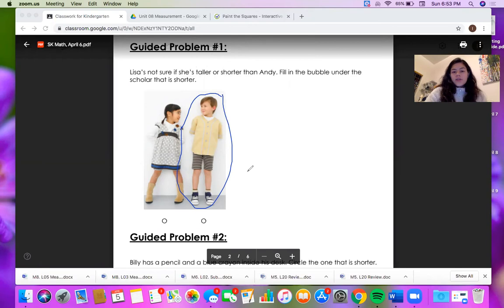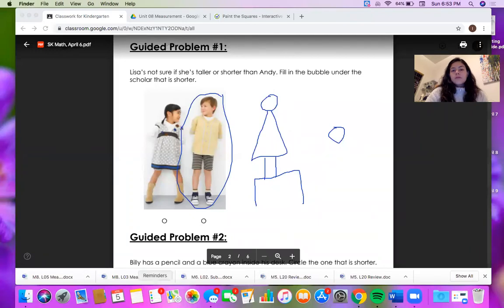Now, here's another question. If the girl was standing on a bench, okay, this is my girl, and the boy was standing on the ground, there we go.